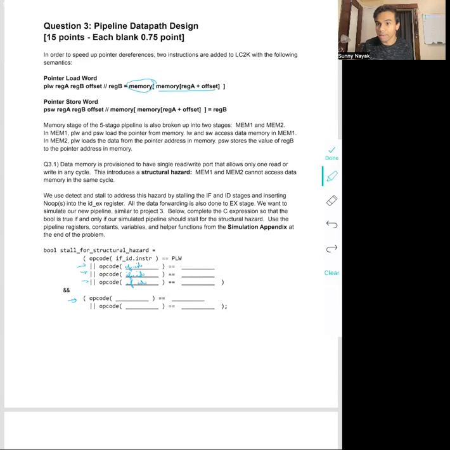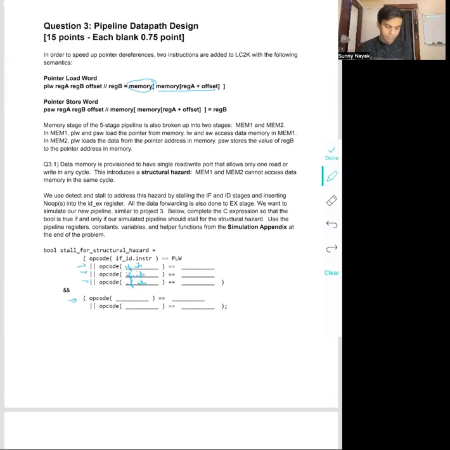When you wrote your own simulators for your pipelines, my guess is that many of you wrote some code along the lines of, if your opcode was a load word in the IDEX, and it was not in EXMEM, and it has a matching register with the register that you have, then you're going to insert a stall, right?